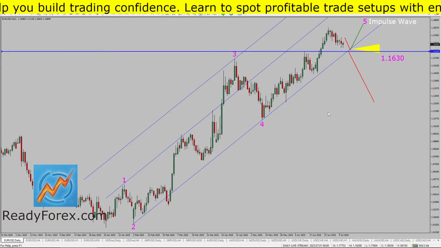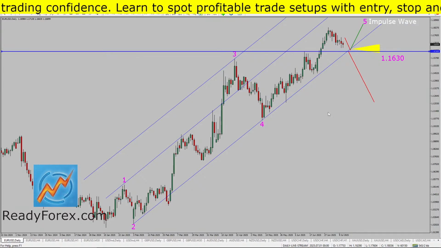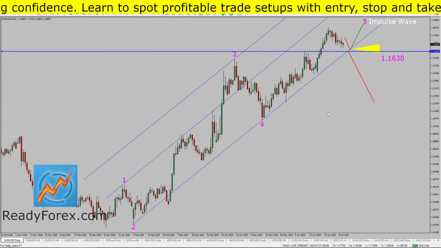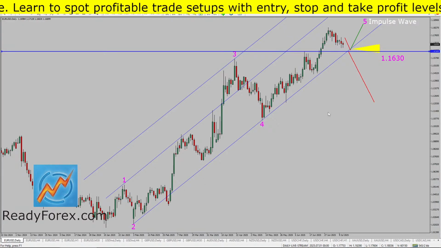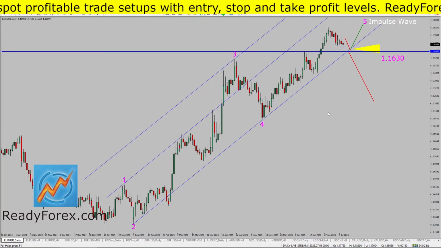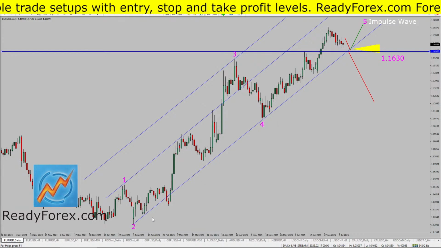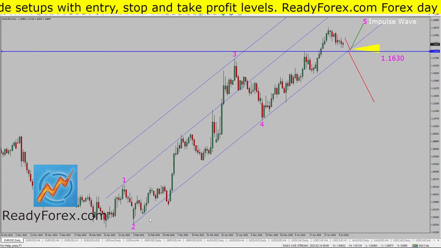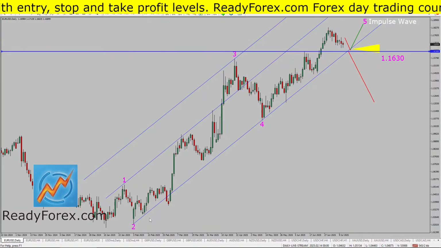When you analyze the market or you trade the market, you should have an idea which way the market is going to move, and what if the market doesn't follow your trade plan or your forecast, then where it's going to move next. So you need to create a plan in advance so you remain focused in trading.